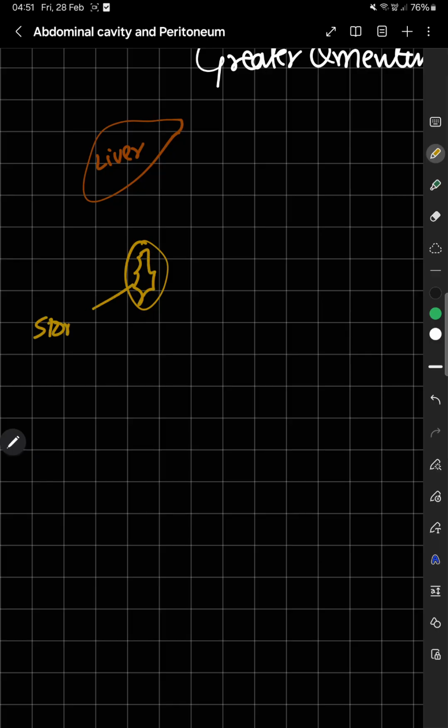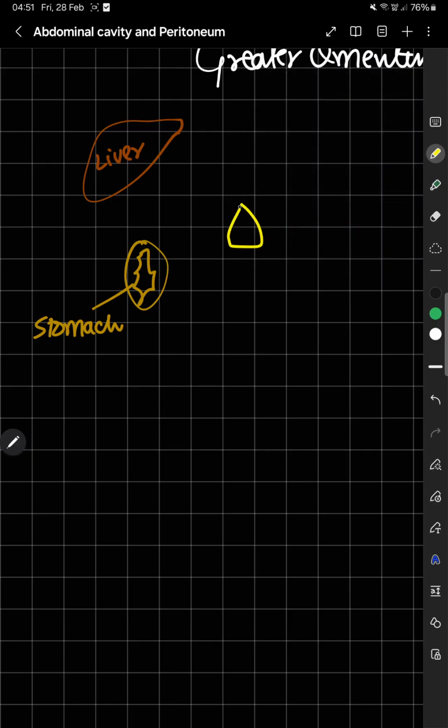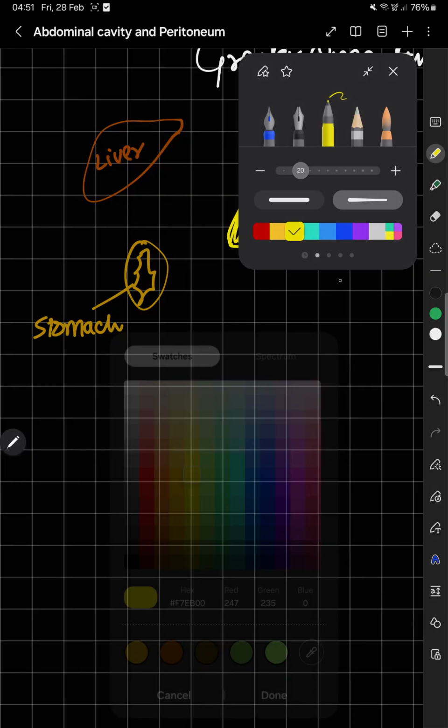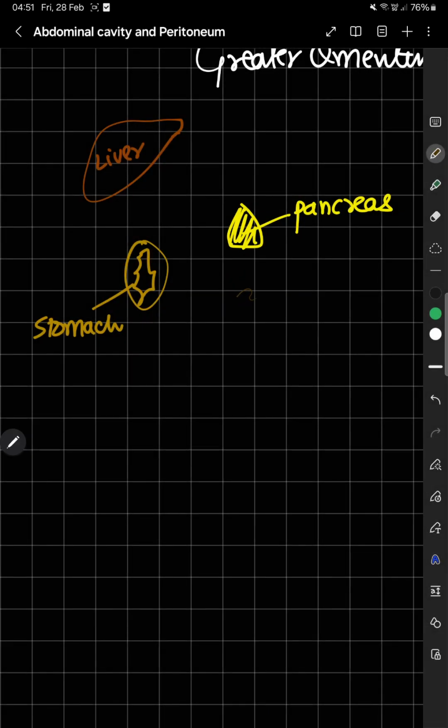This would be our stomach, and then after that we have the pancreas here somewhere. This would be our pancreas, and we have our duodenum, very important, our duodenum over here.